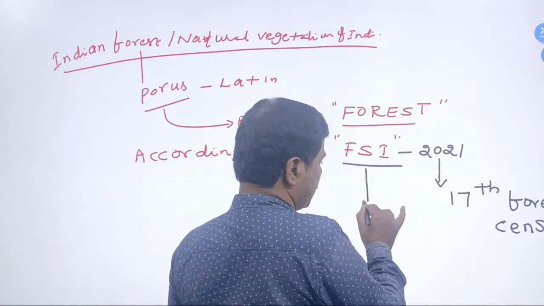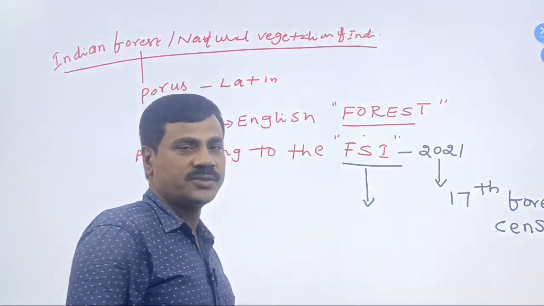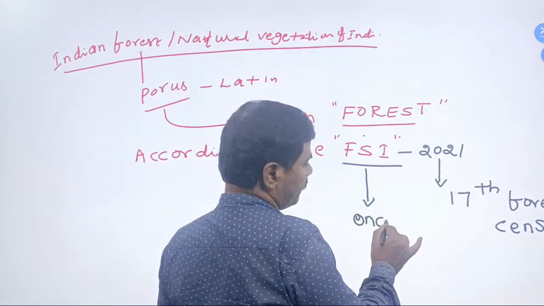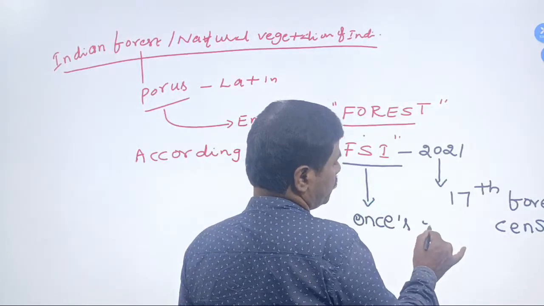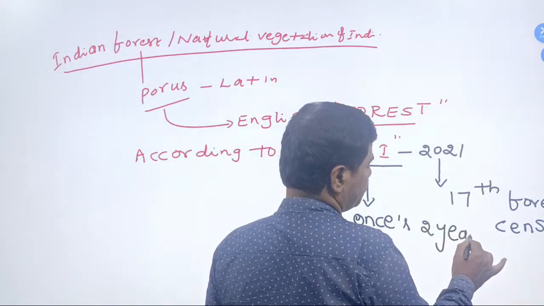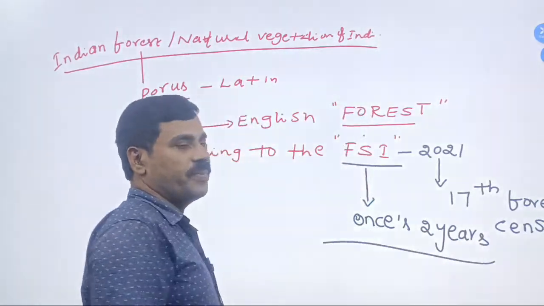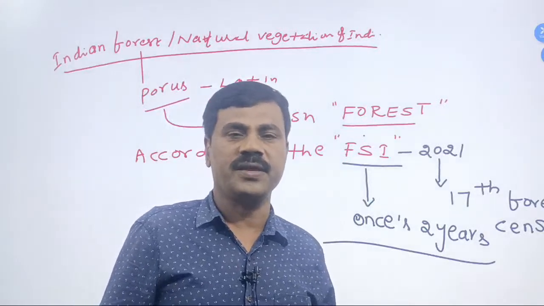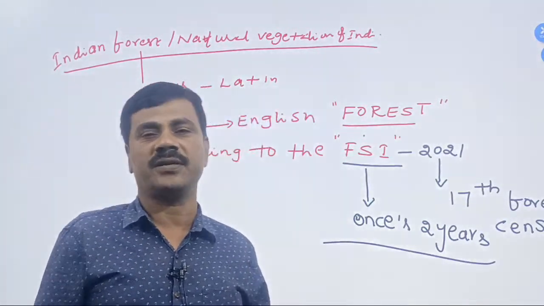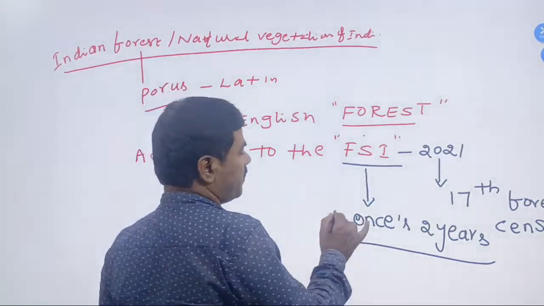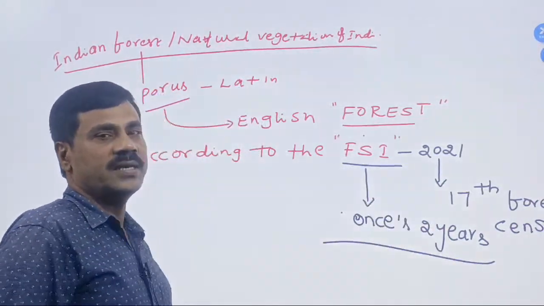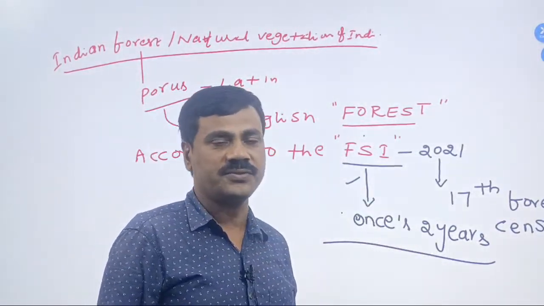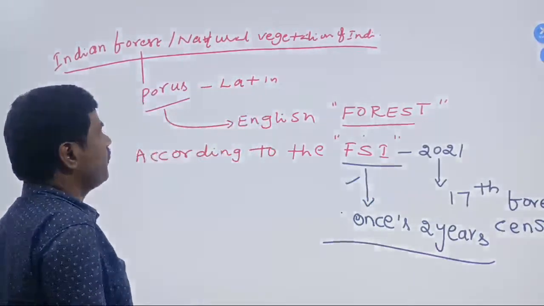This data is released by the Forest Survey of India once every 2 years. Basic forest area, the forest of the states, Indian forest area, everything is released every 2 years by the Forest Survey of India.